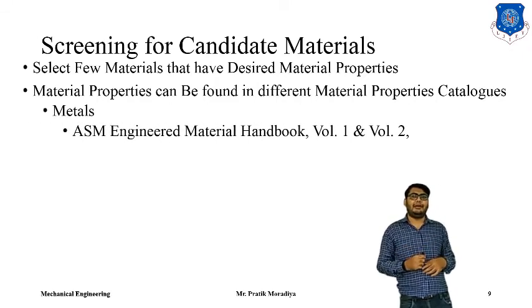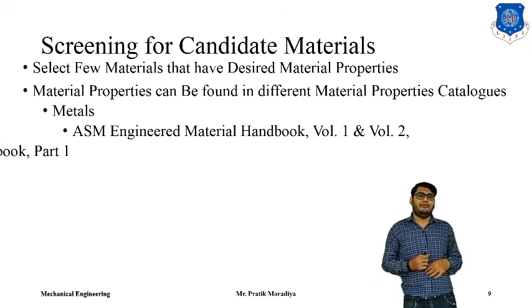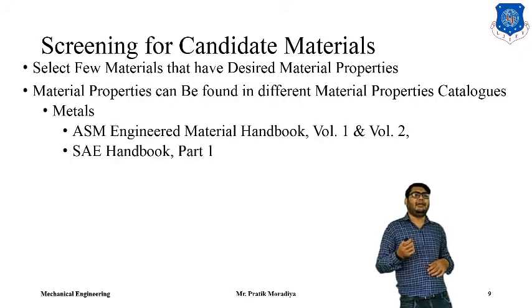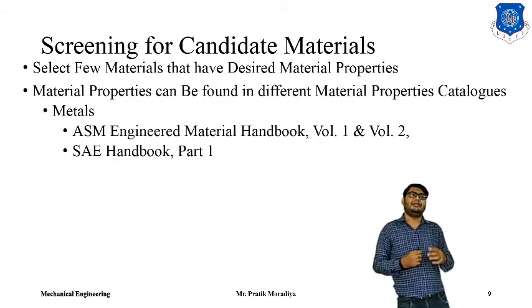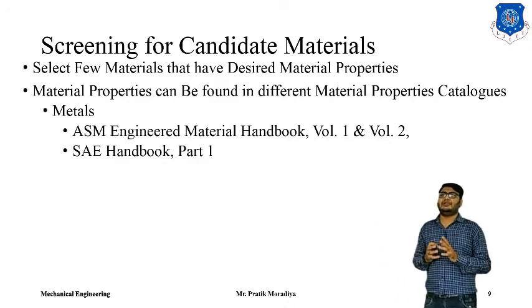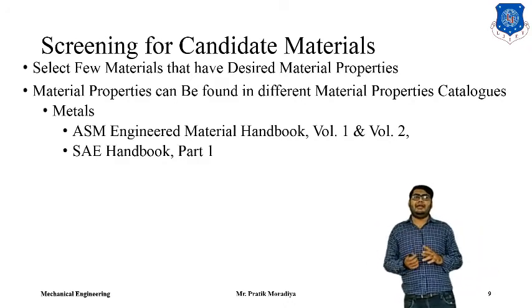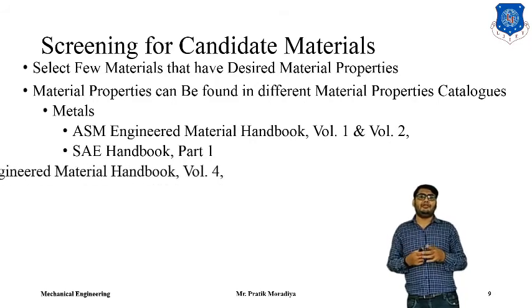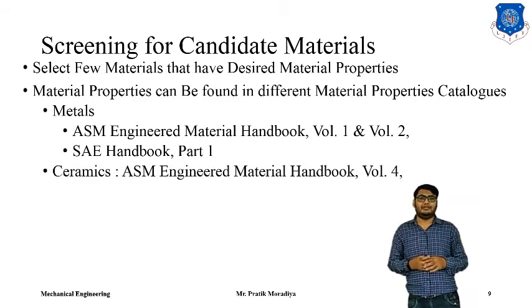For example, for metal, there is the ASM Engineering Material Handbook, Volume 1 and 2. Actually, the ASM Handbook has many volumes, up to 24 or 25, I think. But Volume 1 and 2 specifically deal with metals. And the SAE Handbook Part 1, which also deals with the different types of metals.